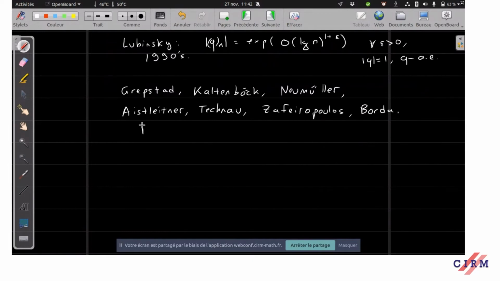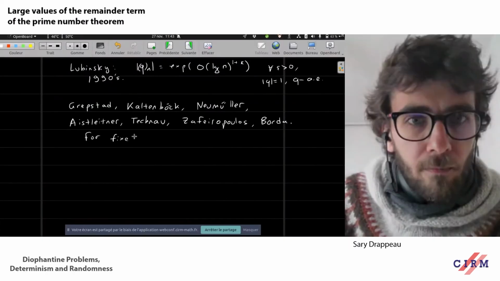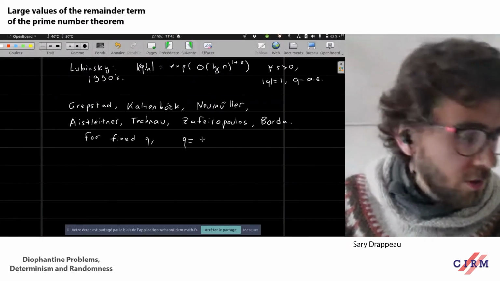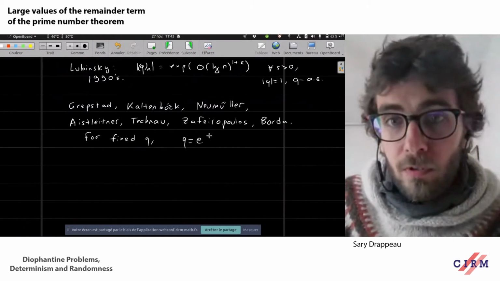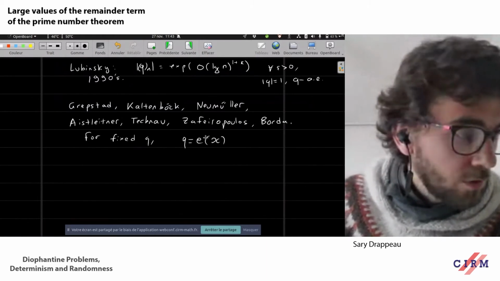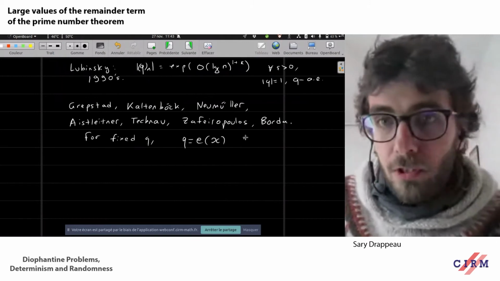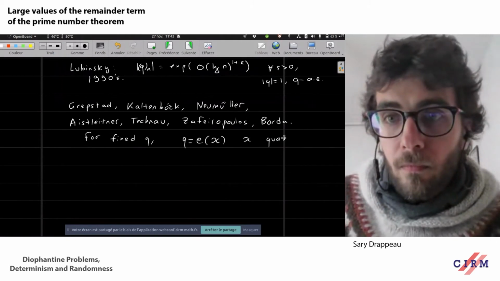So they study deterministic q, so fixed q, and especially for q equals the exponential on the unit circle with the angle which is a quadratic number.